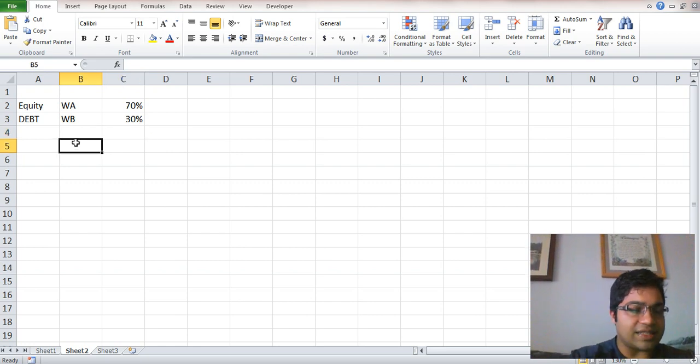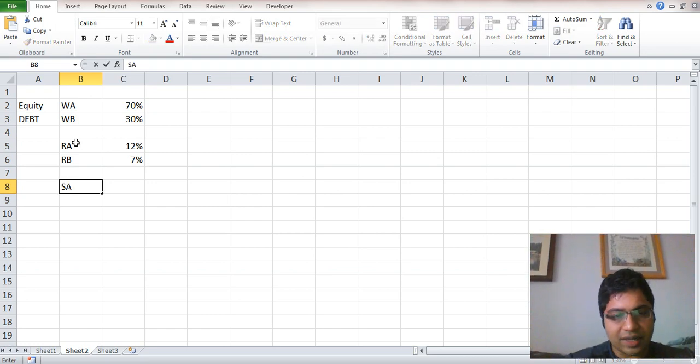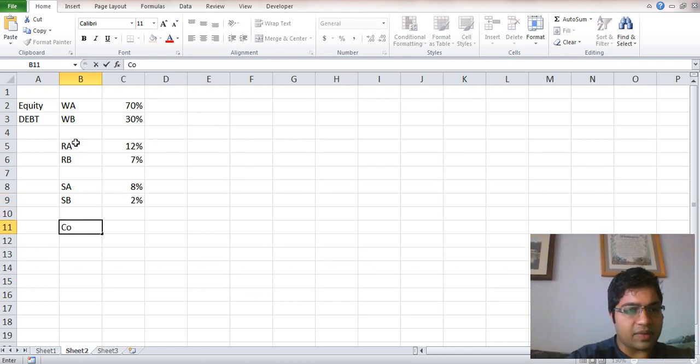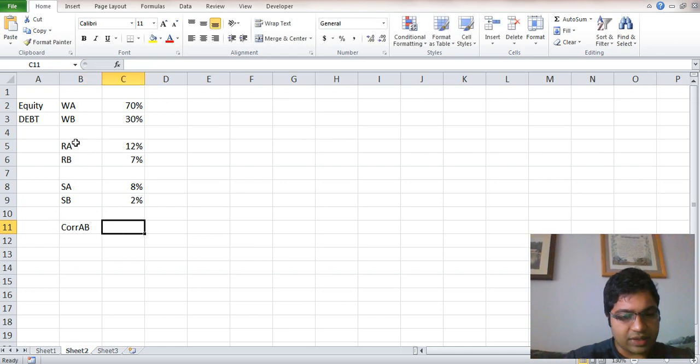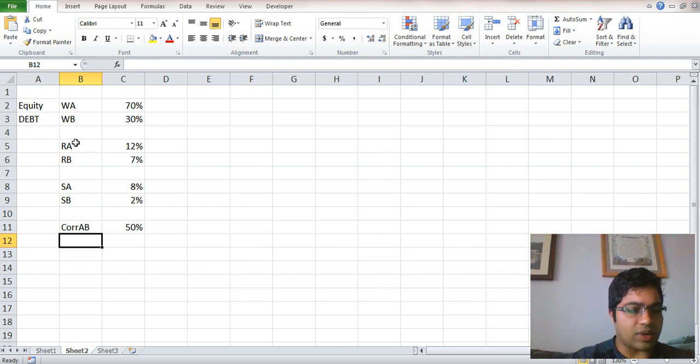Then there are additional details given: return of A 12%, return of B 7%, standard deviation A 8%, standard deviation B 2%. And you have been given correlation A and B, it is 0.5, 50% positive.